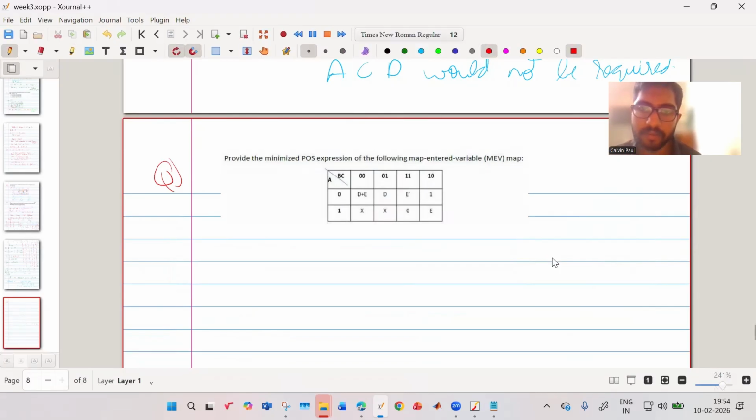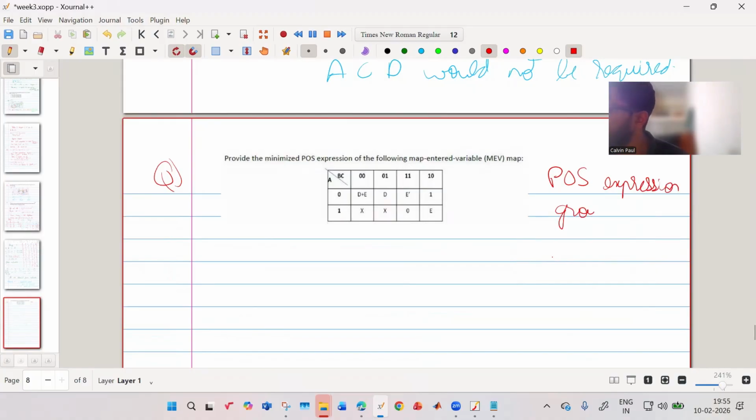So how do we compute this? Okay, we have to use the POS expression. So POS means we group the zeros.